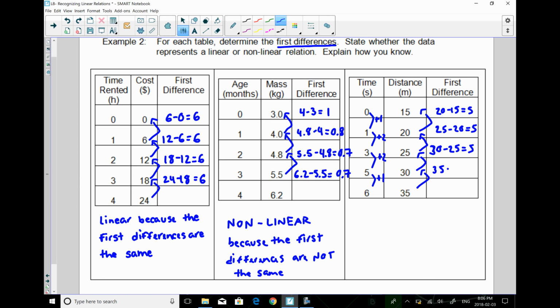So again, always subtract up. So it's non-linear because it does not increase by the same amount each time.